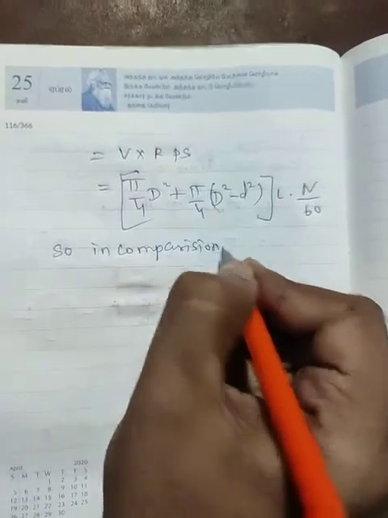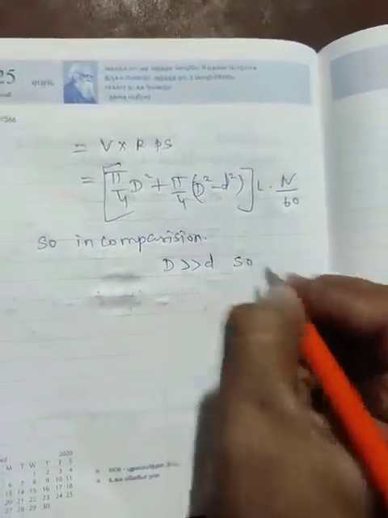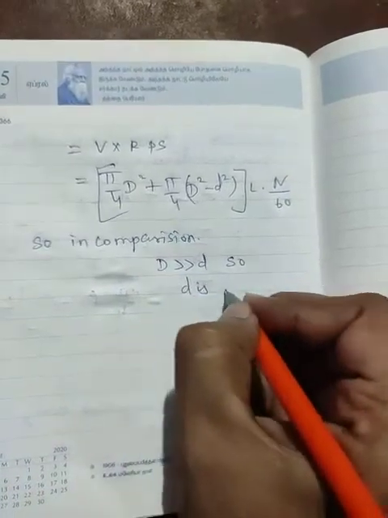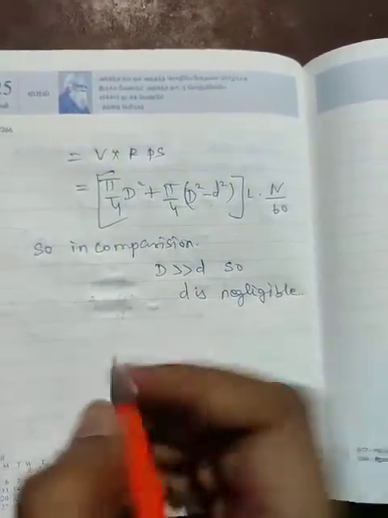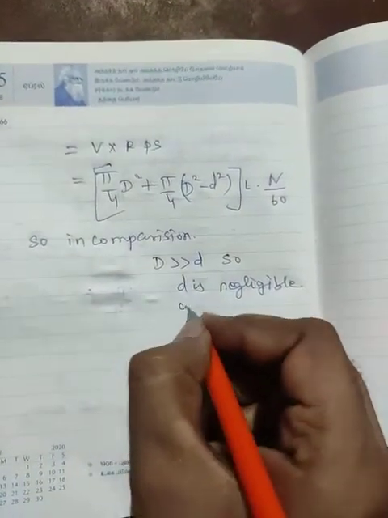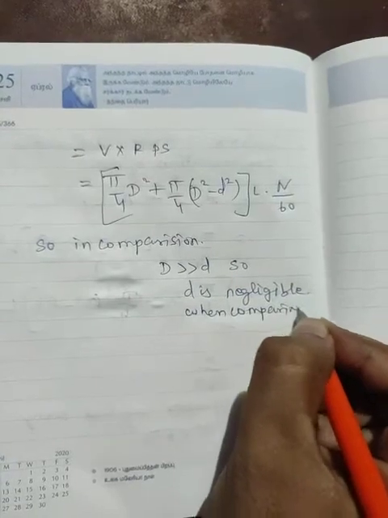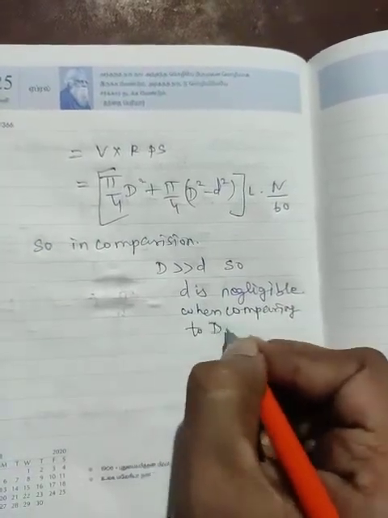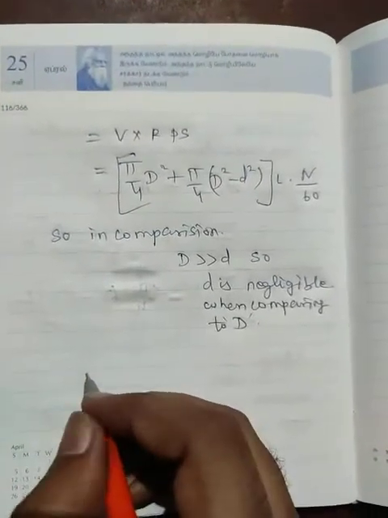So this is the volume of fluid supplied by a reciprocating pump, mainly the double acting type. In comparison, the capital D, that is the major diameter of the cylinder, is greater than the connecting rod diameter.